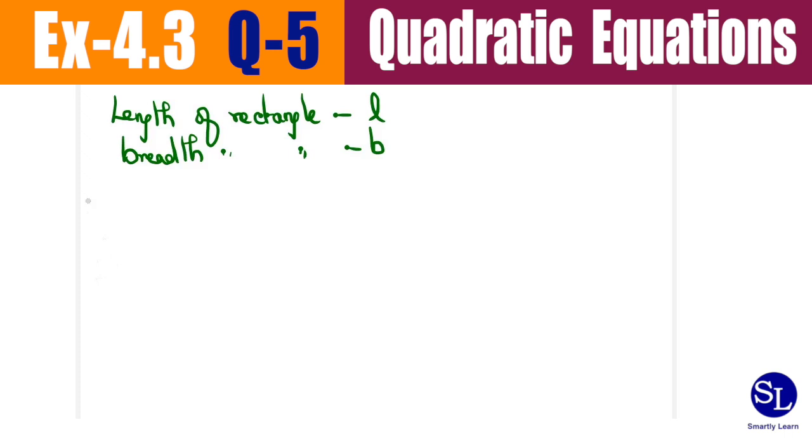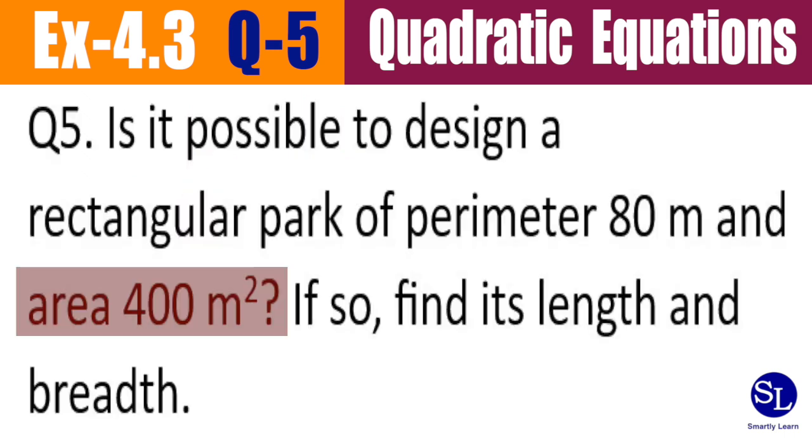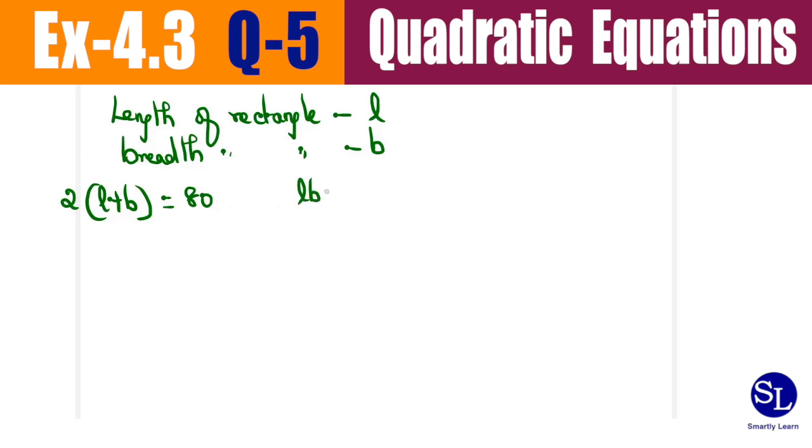So let's write the formula for perimeter. 2 times length plus breadth is the perimeter. So 2 into (L plus B) is going to be 80. The other thing they wanted was the area of the rectangle to be 400. So this is LB is equal to 400.